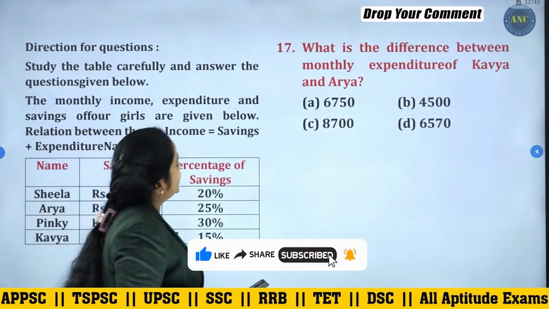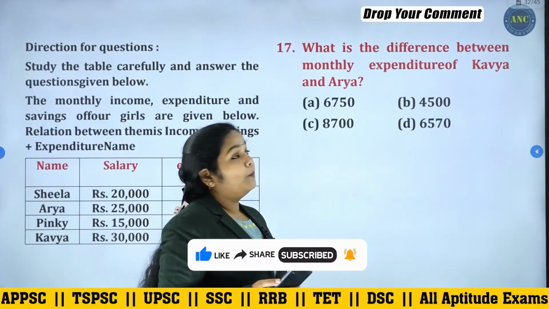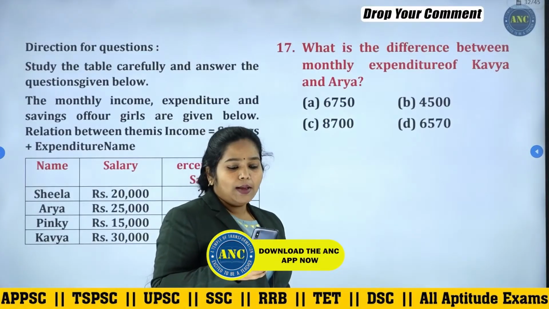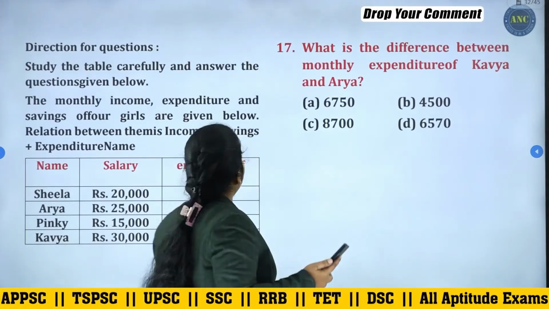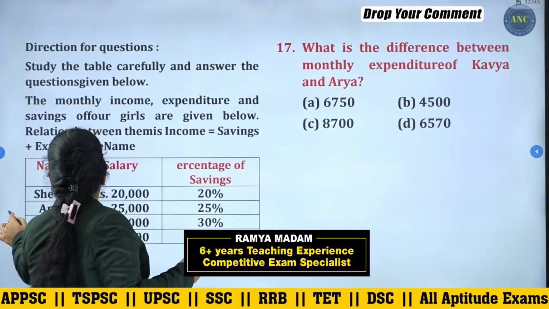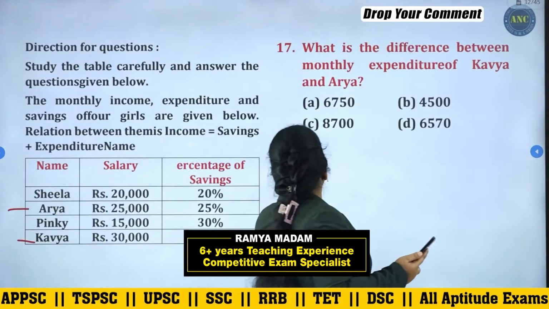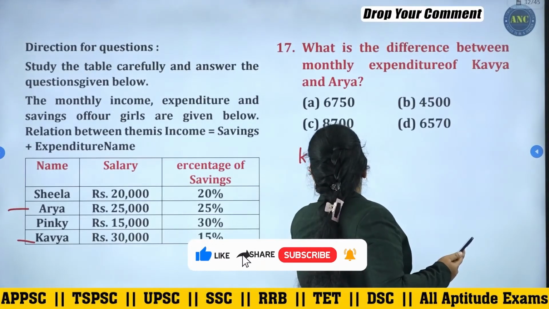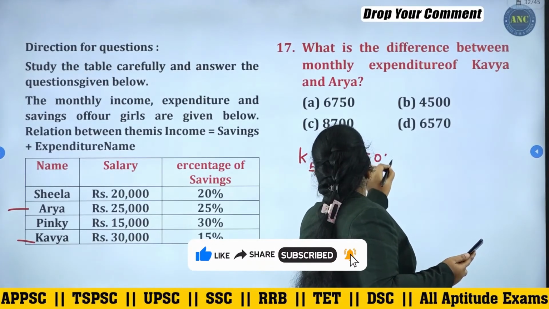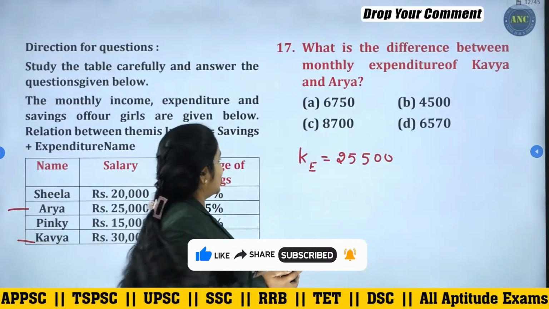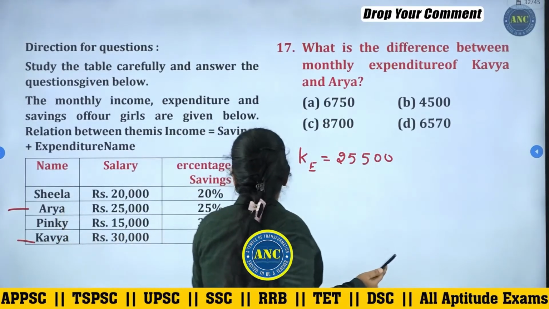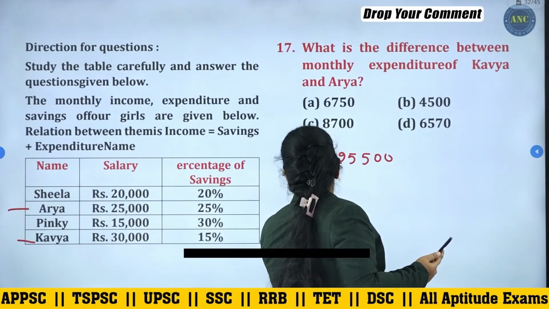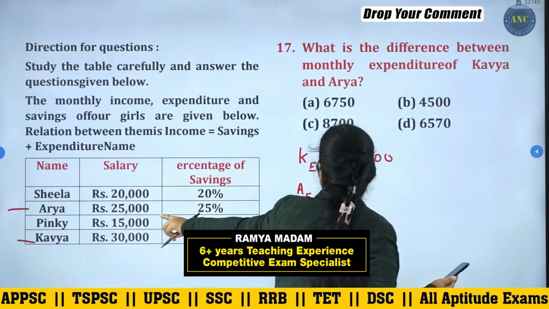We'll go for the next question. What is the difference between monthly expenditure of Kavya and Arya? Okay, Kavya's expenditure, I think we got Kavya's expenditure. How much? It is 25,500. From the previous question only we got Kavya's expenditure. Okay, Arya's expenditure is 75% of 25,000.